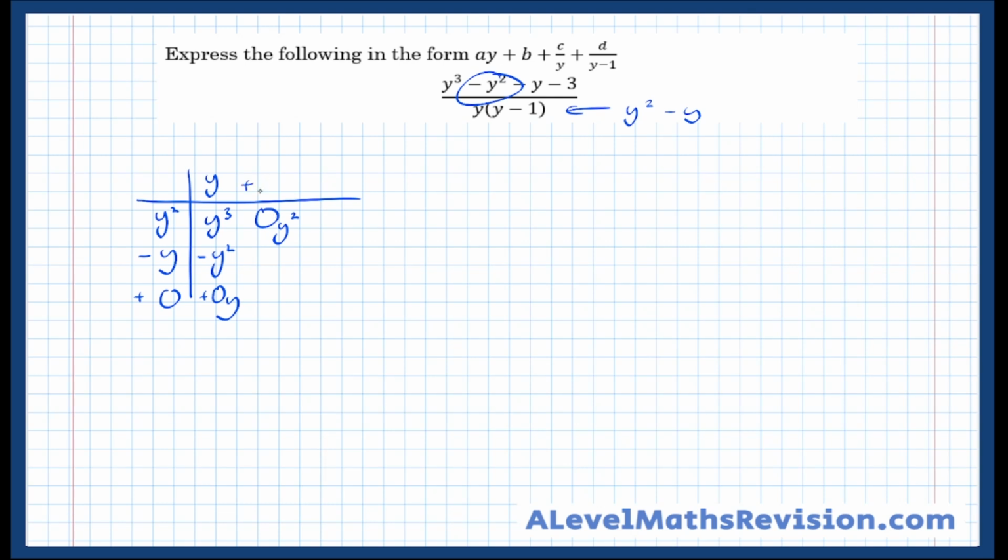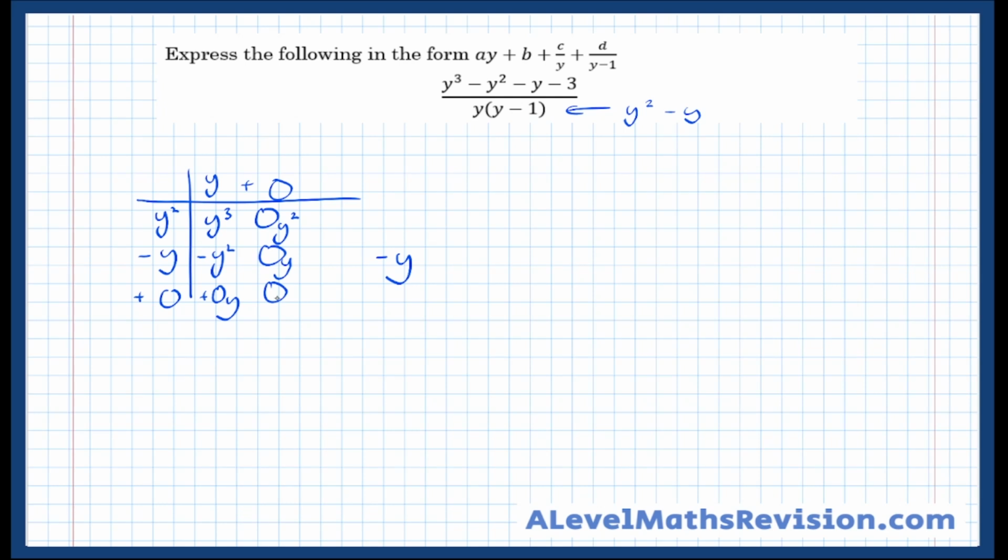What has to go here? Well, 0. So multiplying that down, 0y and 0 also. And the number of y's we have now is minus 1y. Well, we've got no y's in the grid. So what we need on the outside, we've got no y's and we need minus 1y, so that's a remainder.